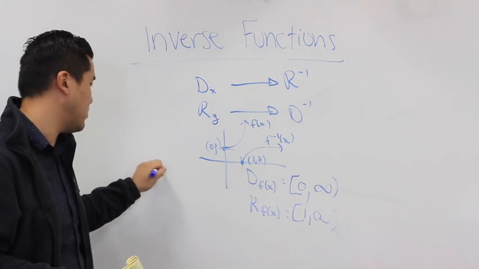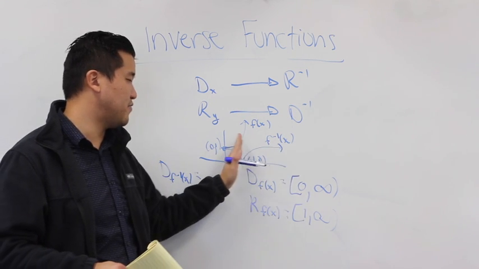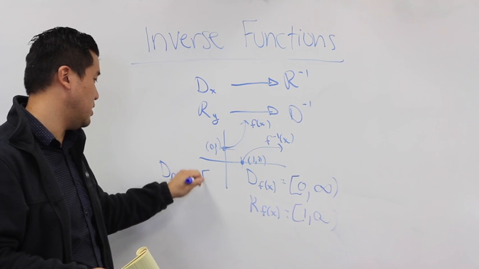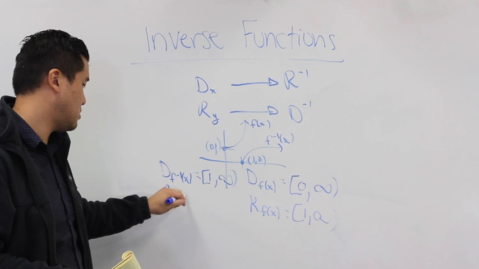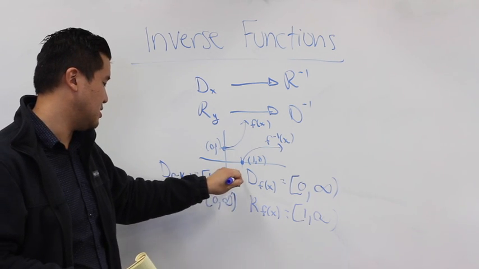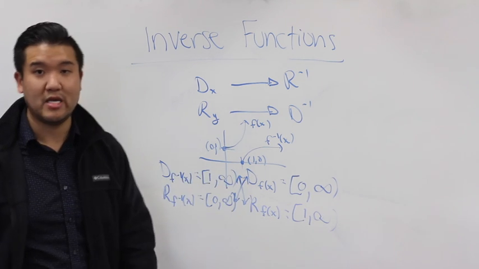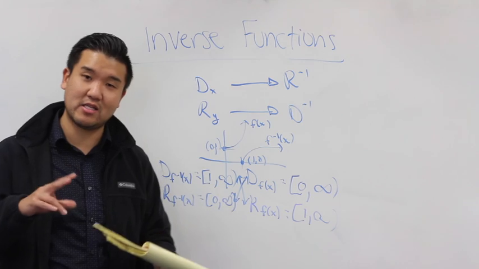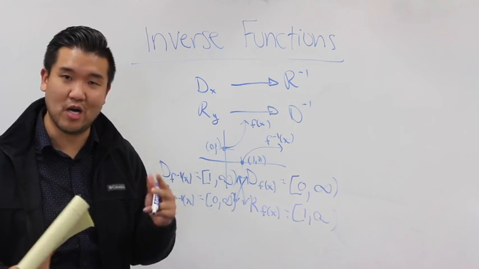But let's do the domain and range for my inverse. What's my domain? How far left, how far right? Yes, now we're going from 1 to infinity. And then my range of my inverse, I go from 0 to infinity. So what happens is these 2 swap and those 2 swap as well. Because my theme, remember, x, y swap. Domain is x, range is y, so we swap those.